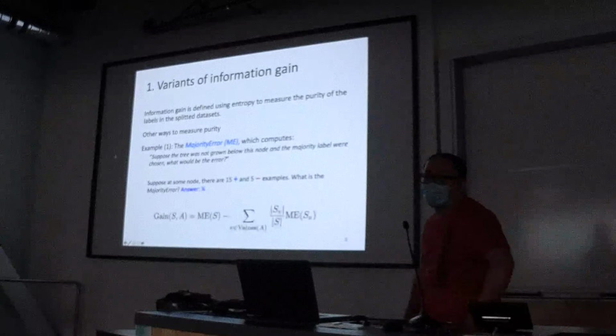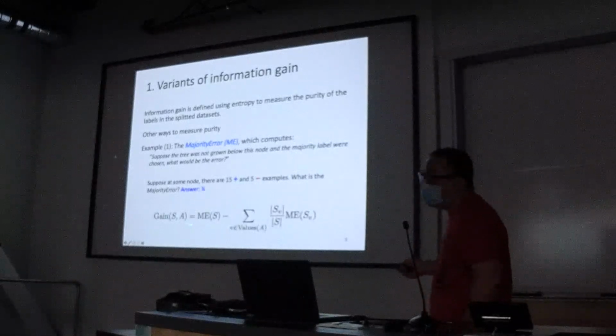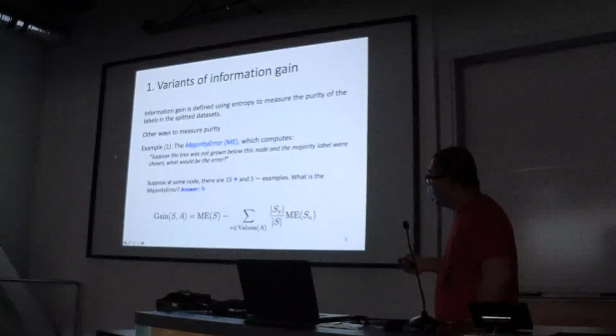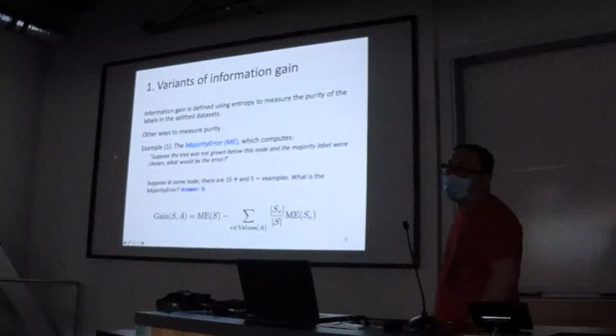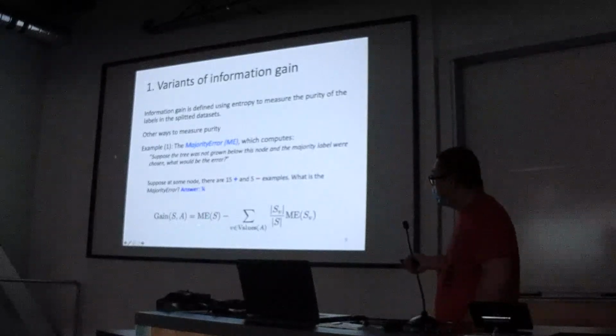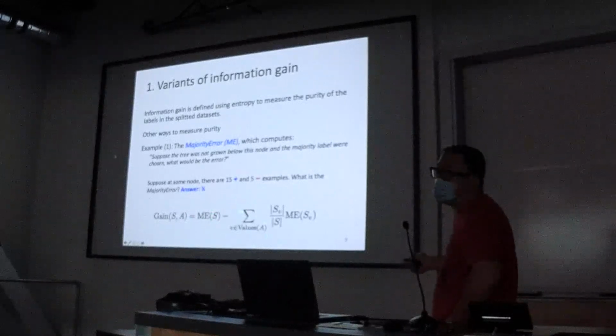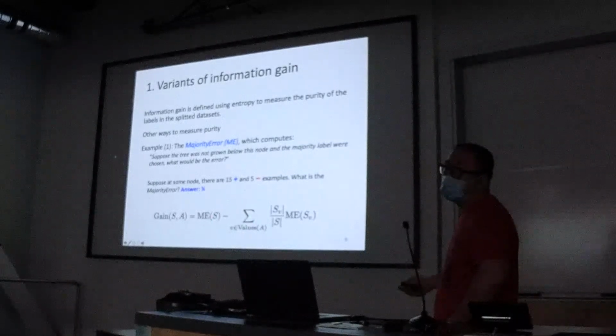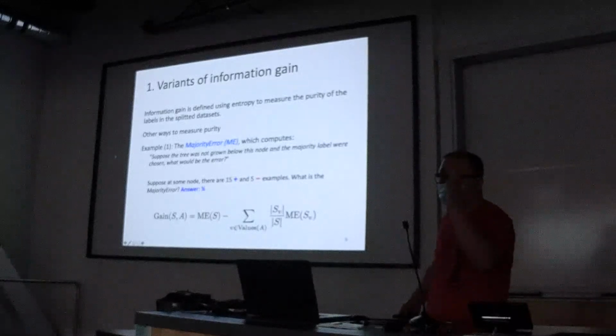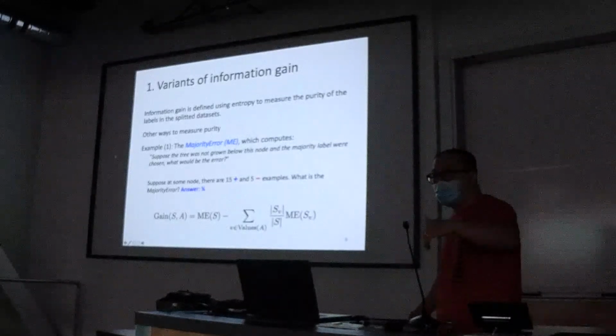So accordingly, we can define the majority error gain. We calculate the expected reduction of the majority error, which indicates the expected increase of the purity. Remember, the larger the majority error, the worse the purity.